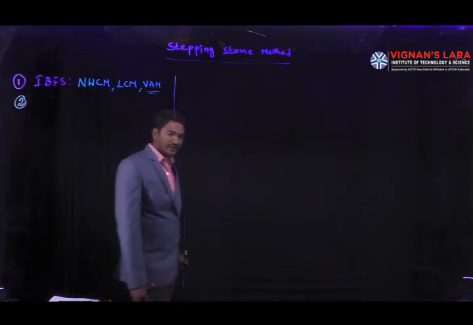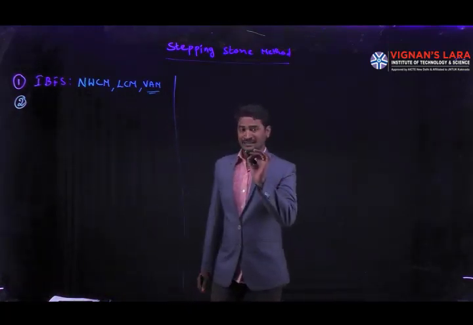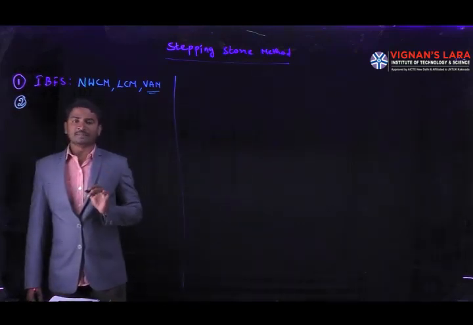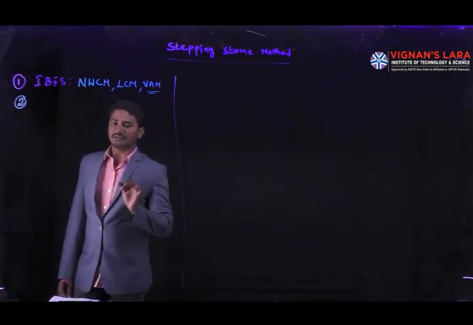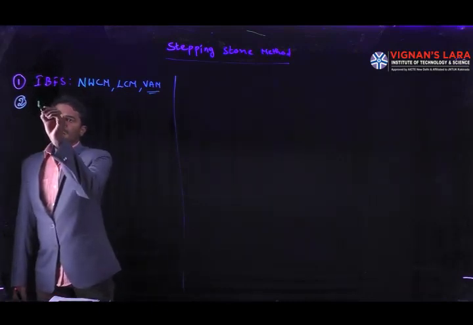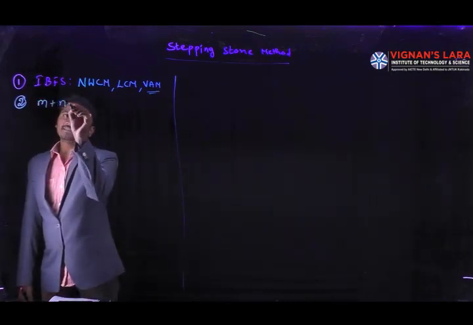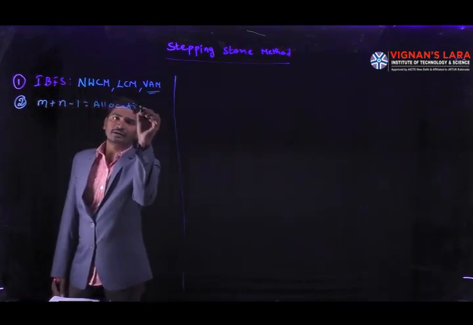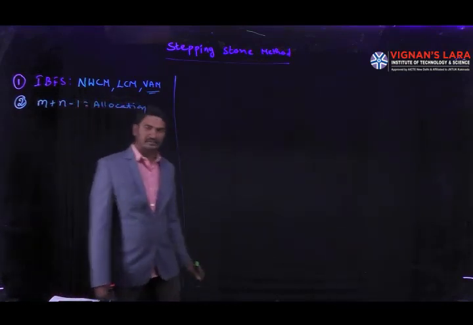How are we finding the optimality? By checking degeneracy and non-degeneracy. If m plus n minus 1 is equal to the number of allocations, it is called non-degeneracy.